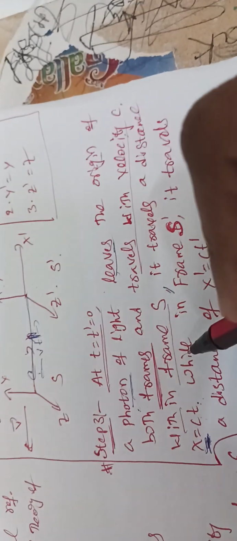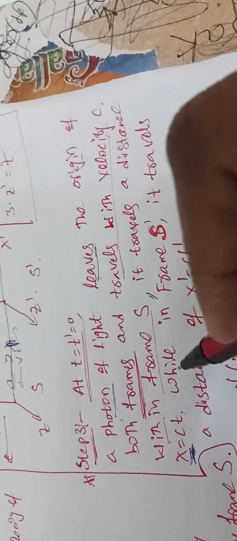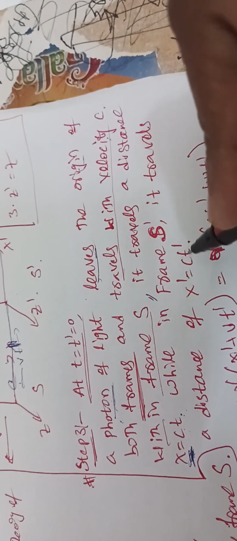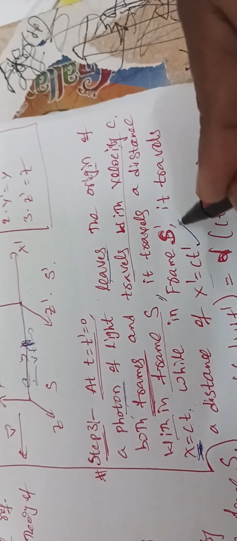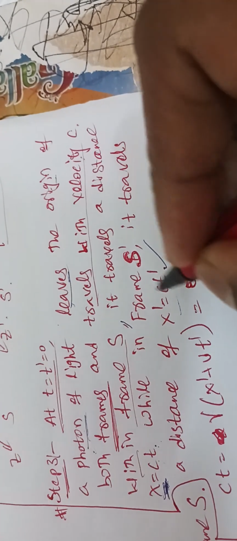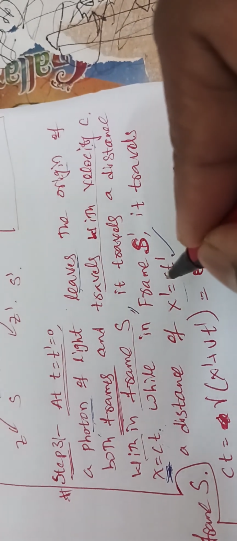The same thing in the S dash frame: x dash equal to ct dash. We are expressing the same transformation in terms of time.